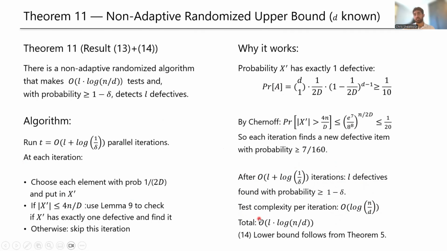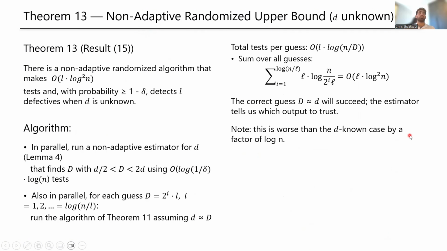So in total, it's O of the number of tests, L, times the complexity of each test, which is given by lemma 9, log n divided by D. This is the upper bound, and for result number 14, we can use theorem number 5 to get the lower bound, which is identical to the proof of theorem number 5 that we have talked about. So here are the results of 13 and 14.